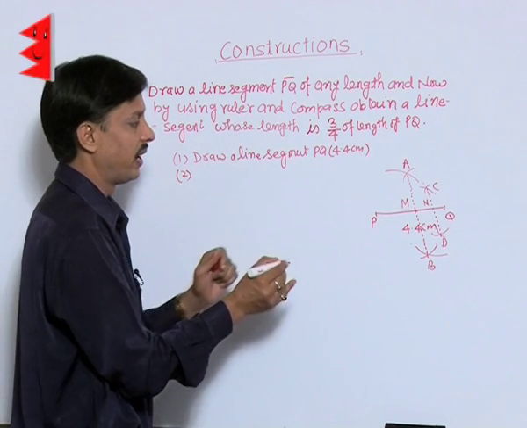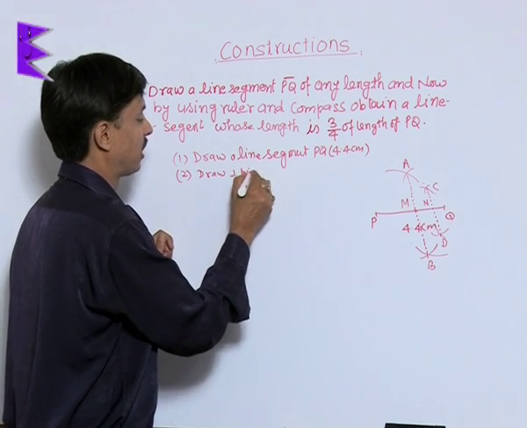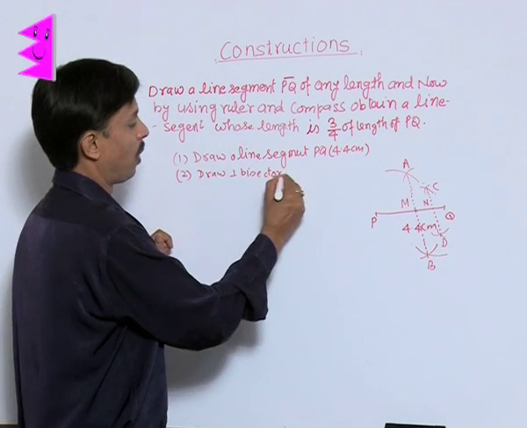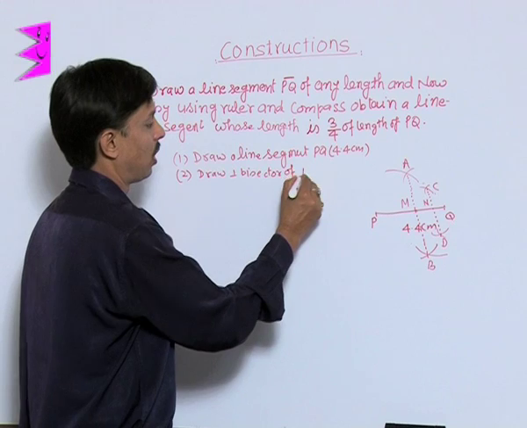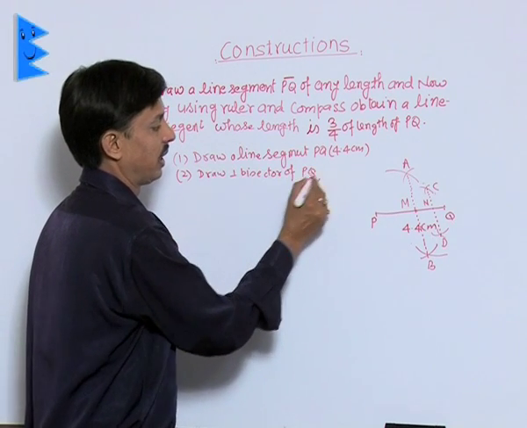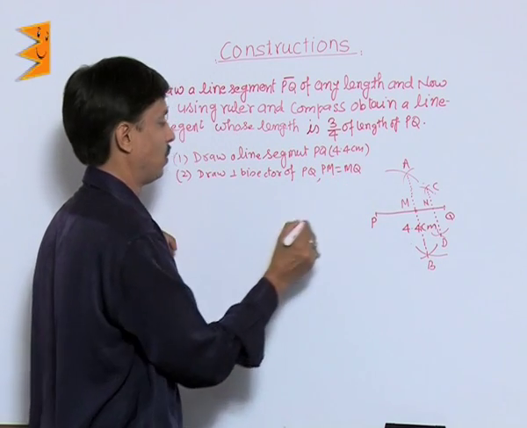Second, what I did, draw the perpendicular bisector as usual with the convenient method. Draw perpendicular bisector of PQ. So what conclusion is coming? From here you can say PM is equal to MQ.